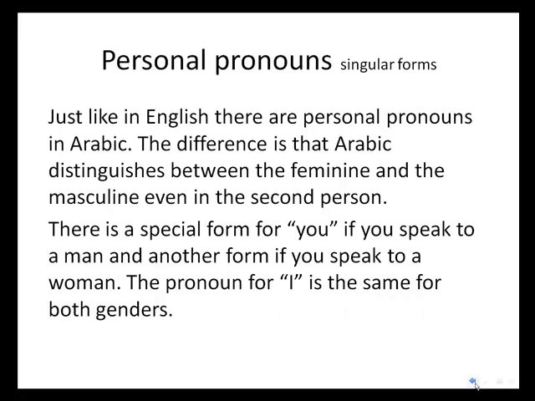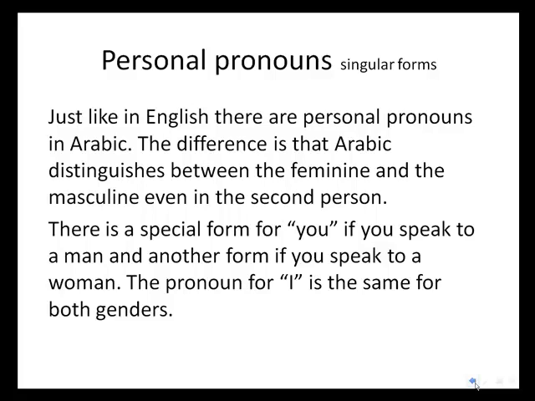The last thing today that we're going to discuss is the personal pronouns. Just like in English, we have personal pronouns in Arabic. No surprise there. The difference is that in English, when we talk about personal pronouns, we have I, you, he, and she for talking about just one person, right?